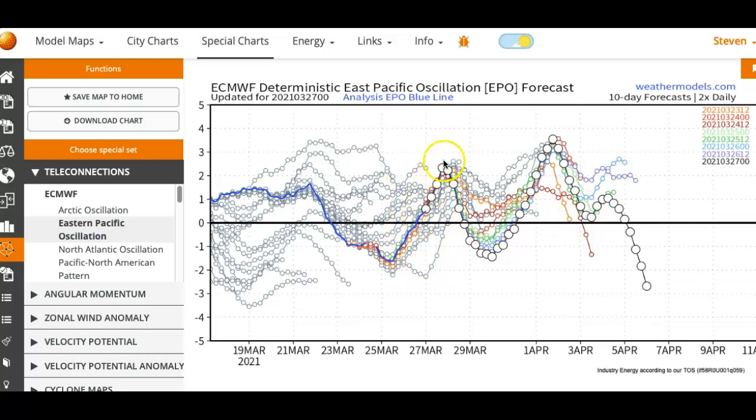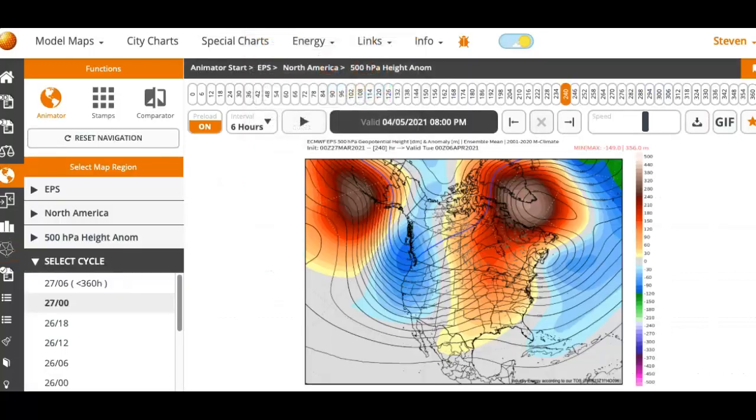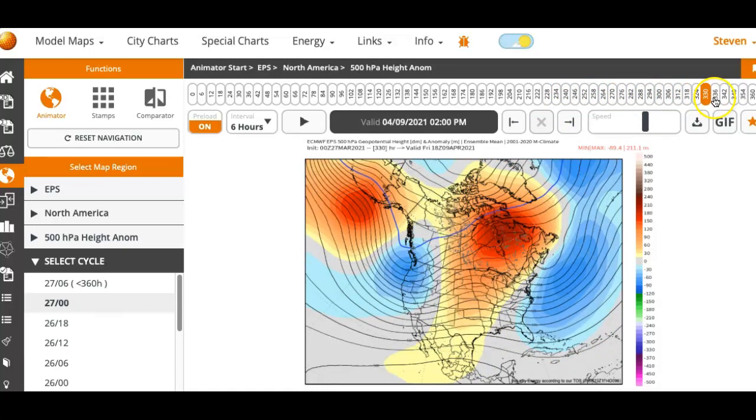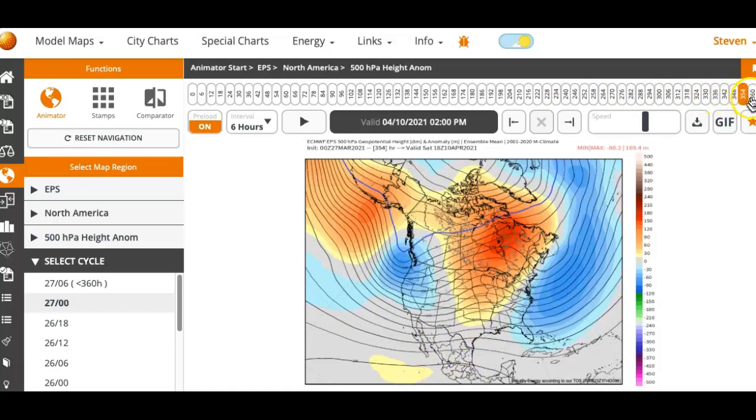Because when you see this type of signature, that means you're going to have storms on the move. You have troughs and ridges marching their way through right into that block, and they'll chip away at that block, gradually weaken it, and gradually have it collapse.